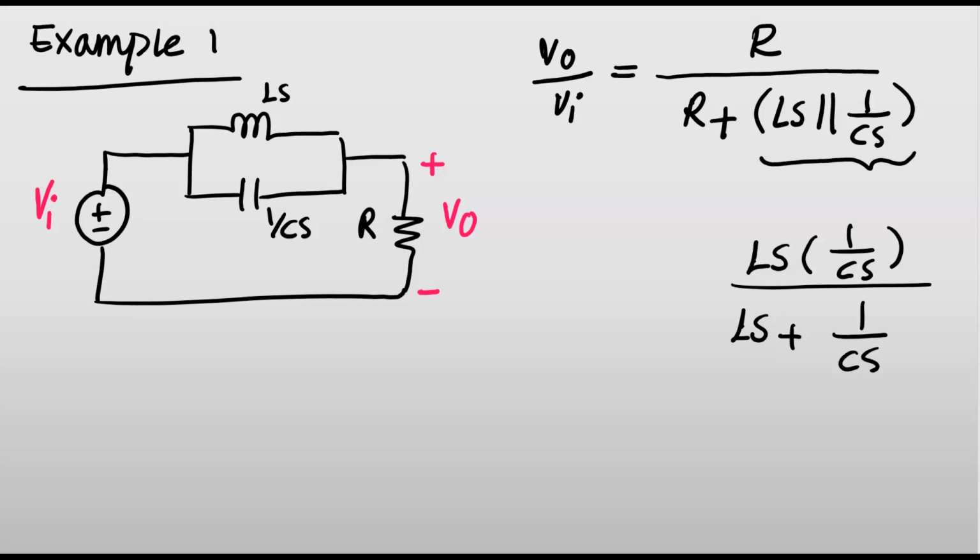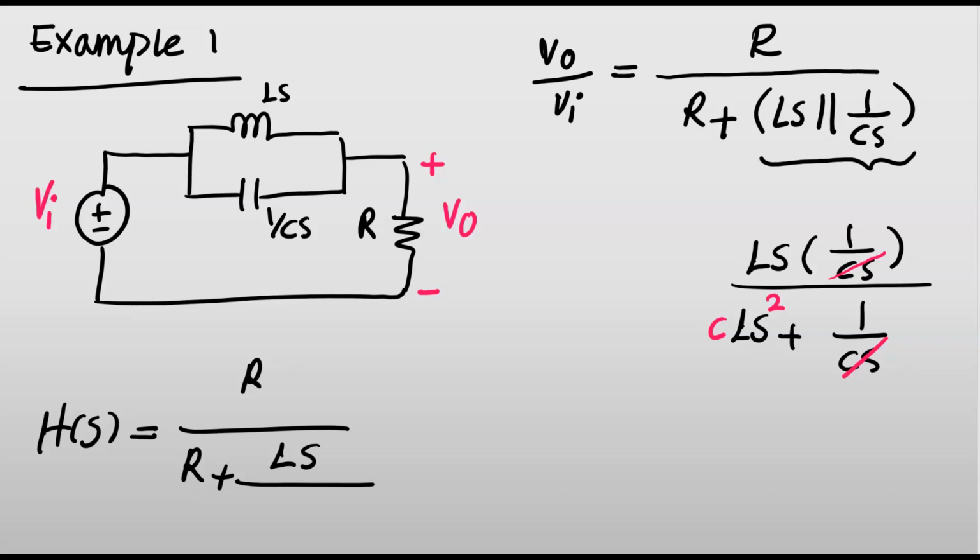Okay, let's simplify everything. I need to get rid of the CS in the denominator, so I'm going to multiply both numerator and denominator by CS. In the numerator, this term will cancel out. In the denominator, I'm going to have LC S squared, and this will cancel out. So I'm going to rewrite my transfer function here. H of S will be R over R plus LS divided by LC S squared plus 1.